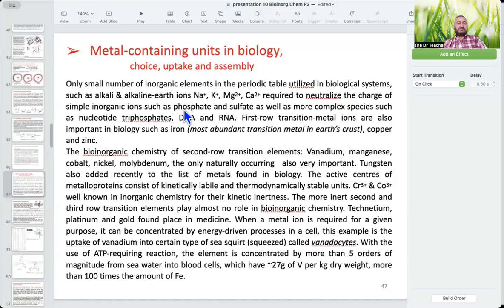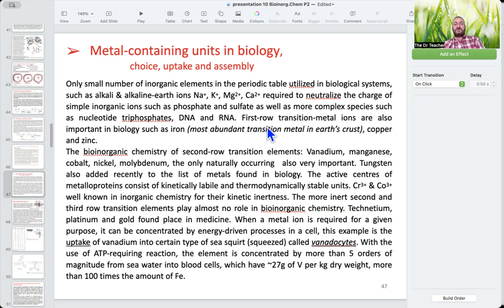Inorganic elements in the periodic table are utilized in biological systems, such as alkaline earth metals like sodium, potassium, magnesium, and calcium ions, required to neutralize the charge of simple inorganic ions such as phosphate and sulfates, as well as complex species such as nucleotide triphosphates, DNA, and RNA.